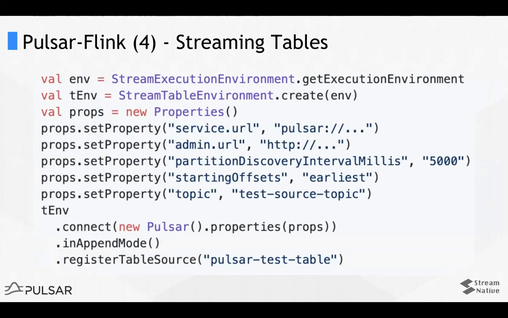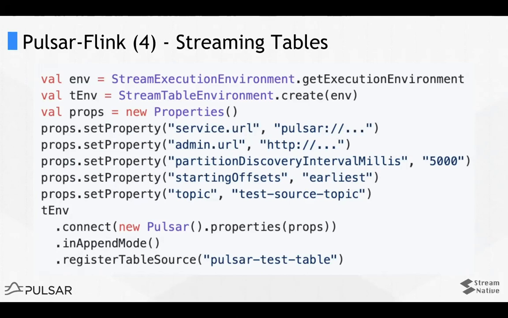You can also register Pulsar streams as streaming tables in Flink. Basically, you use the streaming environment, connect to a Pulsar definition, like what the Pulsar cluster is and which topic you are going to map, and register that Pulsar topic as a table source.